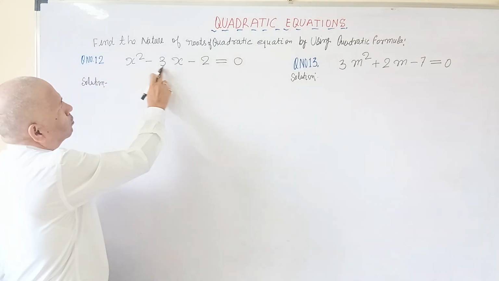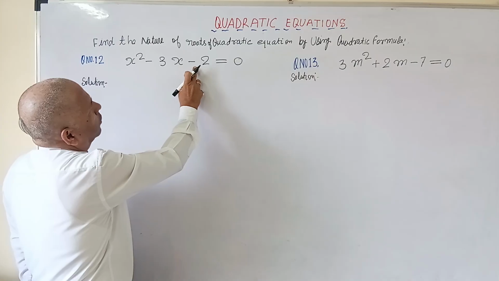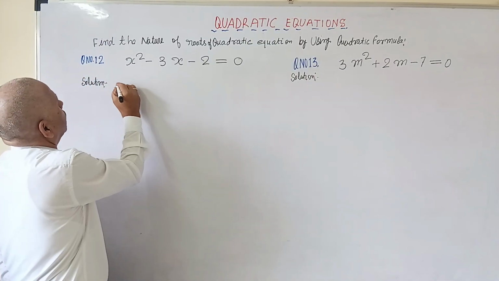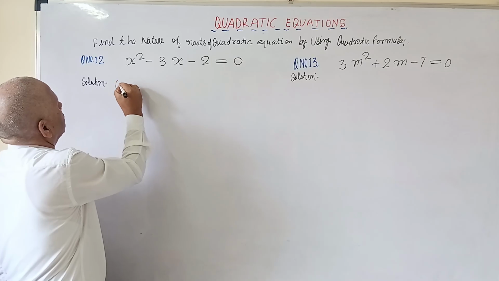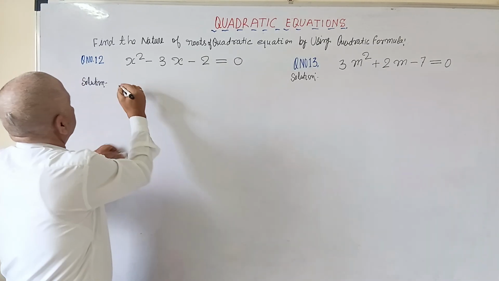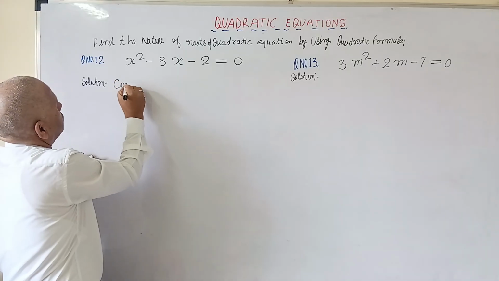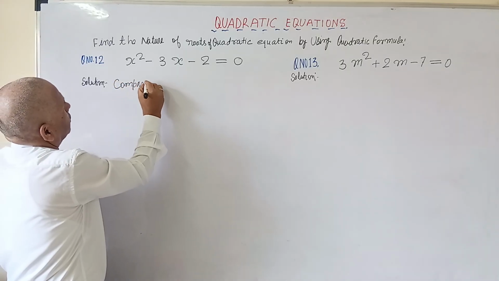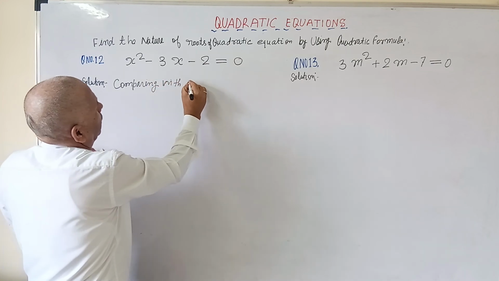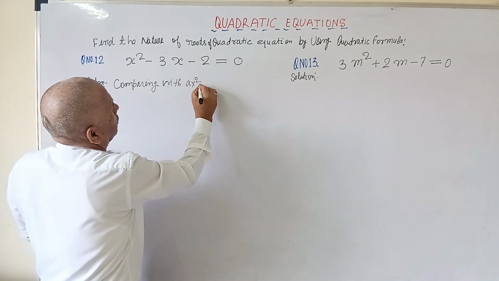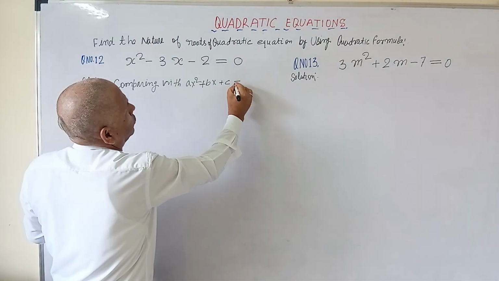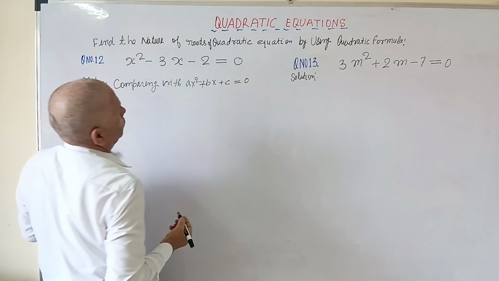x square minus 3x minus 2 equals 0. So compare it with the standard form of equation, that is ax square plus bx plus c equals 0.